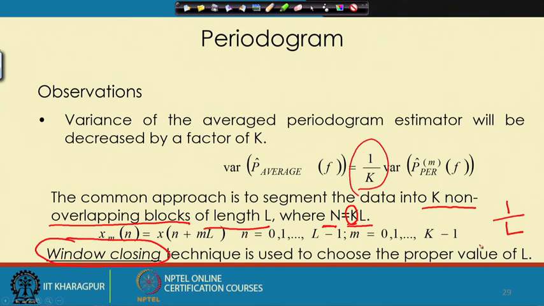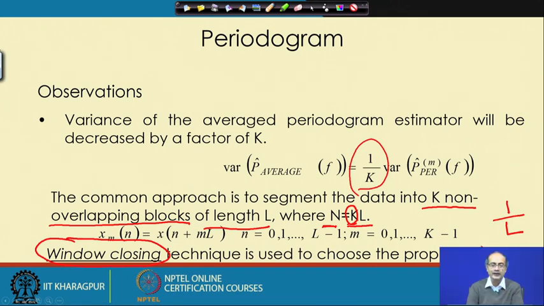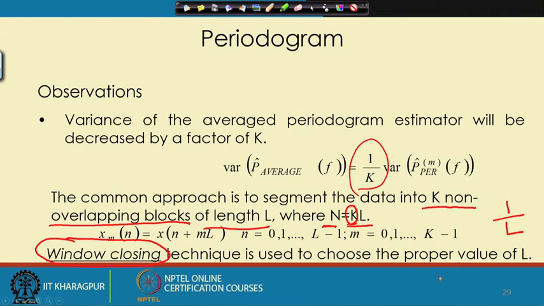So, what we do in the window closing method is, initially we start with one sequence of the whole data and see how the frequency estimate or the PSD looks. It will give the highest amount of frequency resolution, but at the same time maximum fluctuations in the PSD, so a very fluctuating estimate.